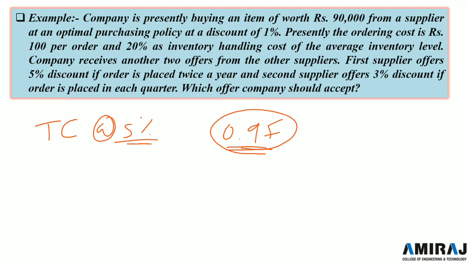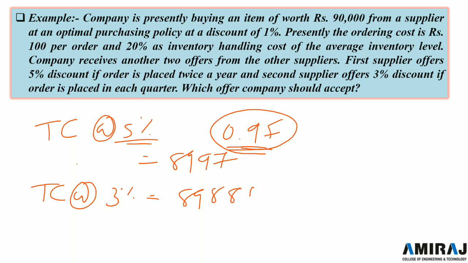So here the total cost at 5% will be 8997, while the total cost at 3% discount will be 89882.5.